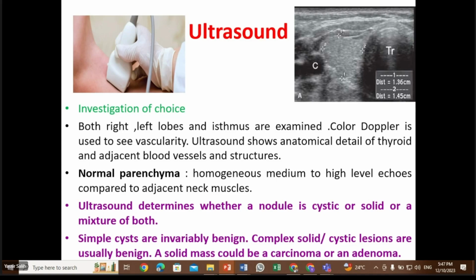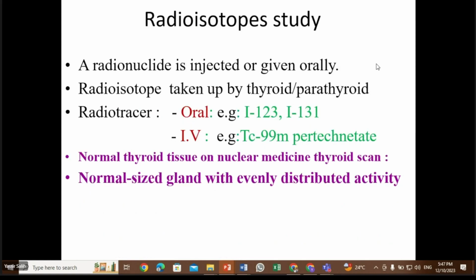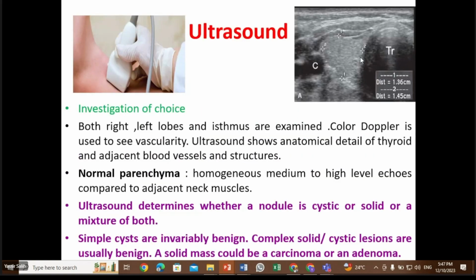Also, I may tell you we did an ultrasound for the thyroid and there is a solid lesion, or a complex lesion, meaning cystic and solid, or a cyst, completely cystic. What is the most likely diagnosis?